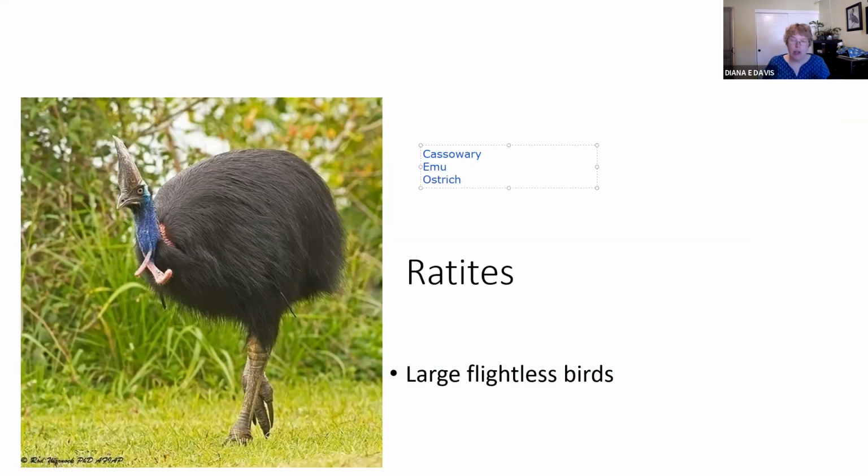And as a general rule, these are birds that you do not want to mess with. They are powerful, and while given the chance, they would run away from a person. If you corner them, they will kick you. Ostriches have been known to kill lions. So it's a very, very powerful kick. And if you're thinking about your project, the Australian emu wars is an interesting topic to think about.